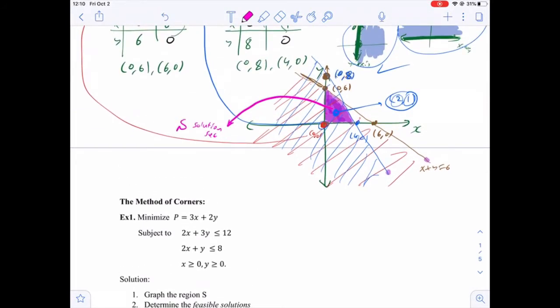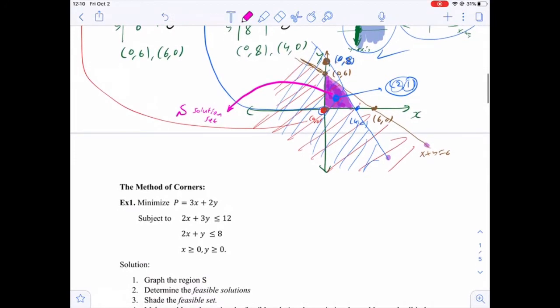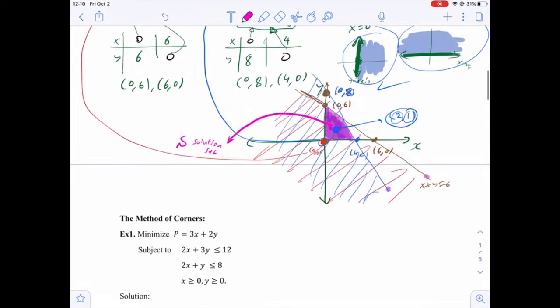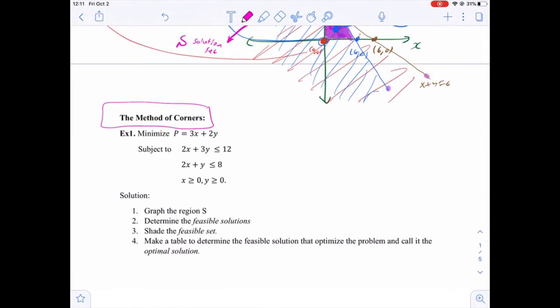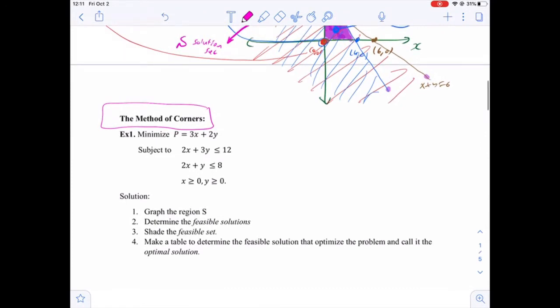capital S. Now today we'll learn a method that's called the corner method, or the method of corners, to solve the linear program. So if we have the following linear program, we have a function that we want to minimize, and we have some constraints.